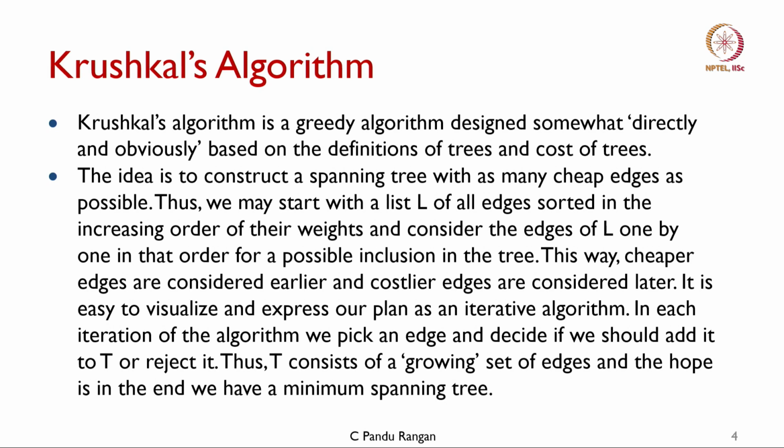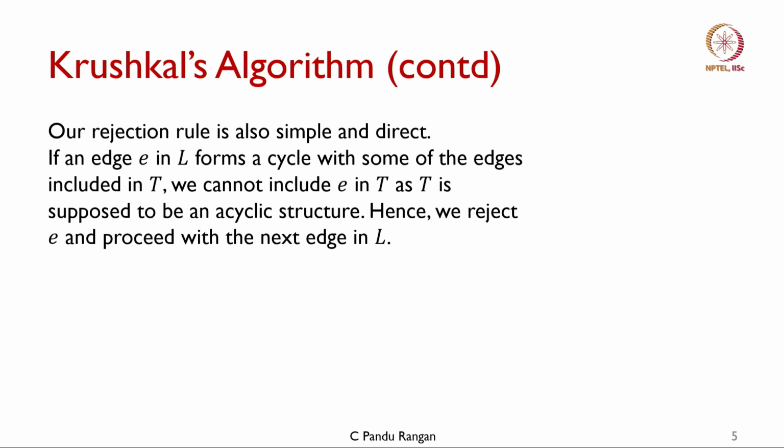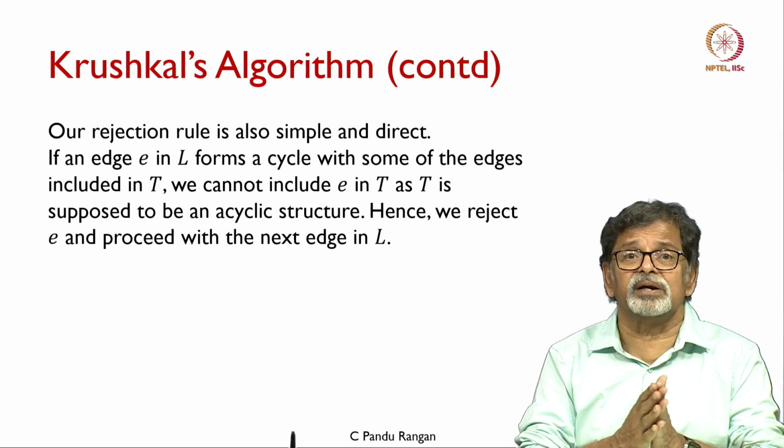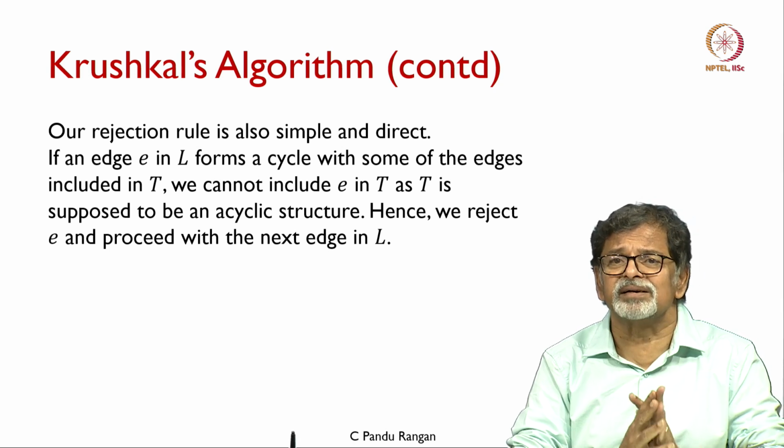As and when we consider an edge, we will decide whether to include it in the tree or throw it out. If it is not feasible to include, we have to reject it. So the whole process can be expressed in a simple iterative algorithm, and our rejection rule is also fairly direct.